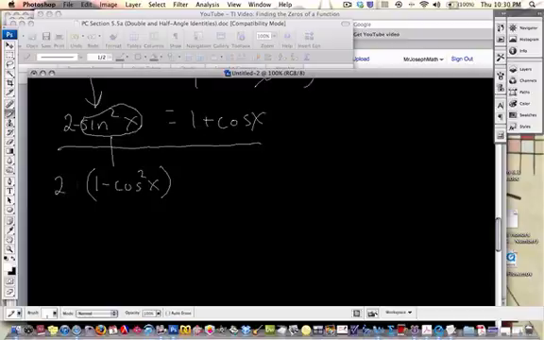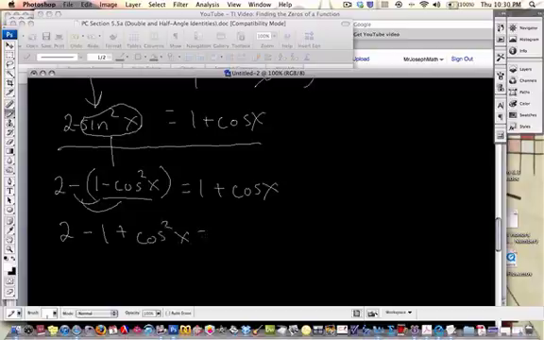So that's 2 minus sine squared, which we've written as 1 minus cosine squared x. Only thing left to do is to distribute the negative. So 2 minus 1 plus cosine squared x equals 1 plus cosine x.